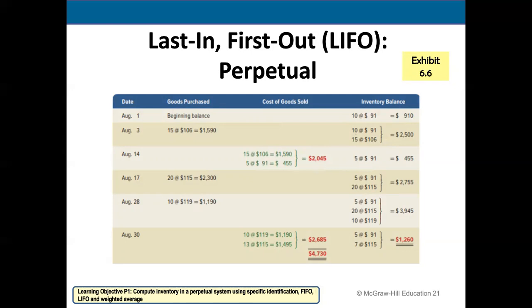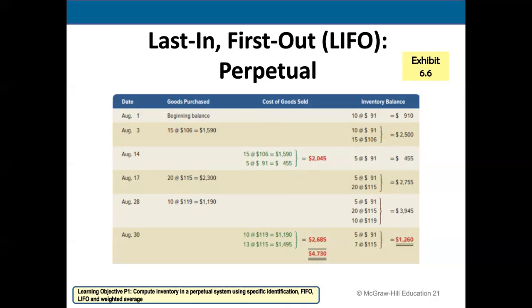So a lot of people get confused by this because they're like, why would you do this? Why would you assume last in, first out? And the answer is that some businesses have a model where they're selling their newest product more readily than they're selling their older product. Technology businesses are a good example. If you go to the Verizon store and you look at the iPhones there, they're going to be selling more of the newest iPhone than they're going to be selling of older iPhones.